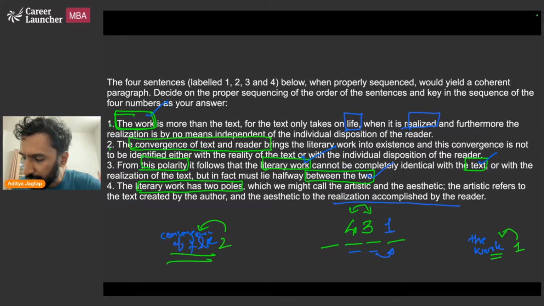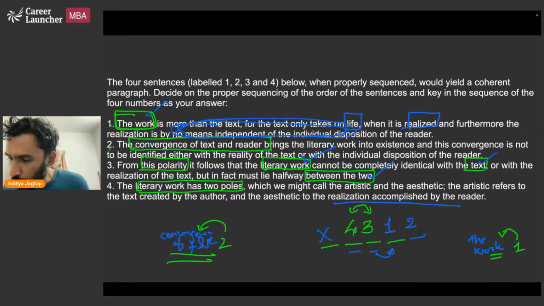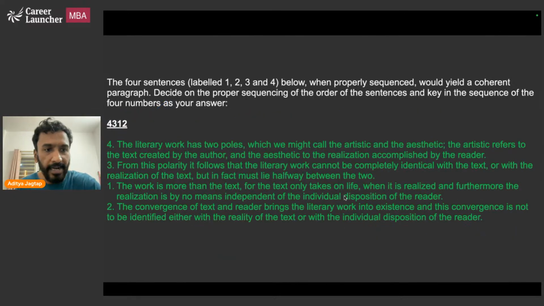So 4-3-1 are connected. And then we know sentence 2 cannot be placed here. Sentence 2 we try placing it here. Sentence 2 talks about the convergence. No means independent of individual disposition. So no means independent tells us that the prior sentence was discussing the convergence of individual reader and the text. So the right sequence is 4-3-1-2.